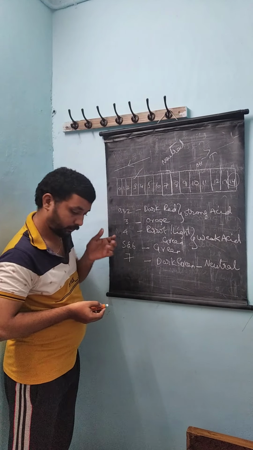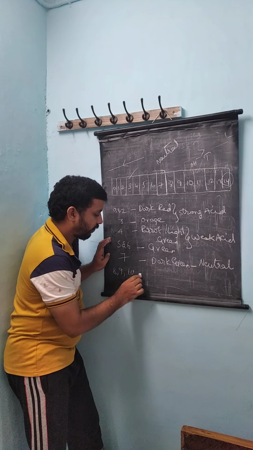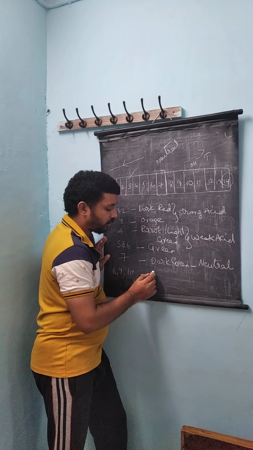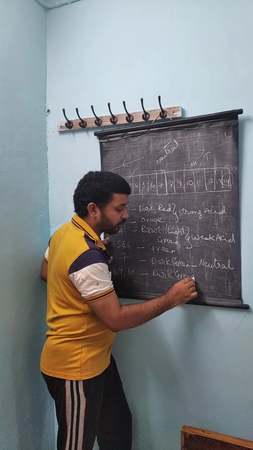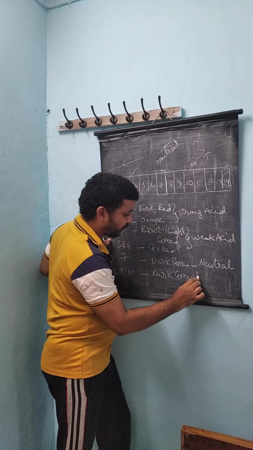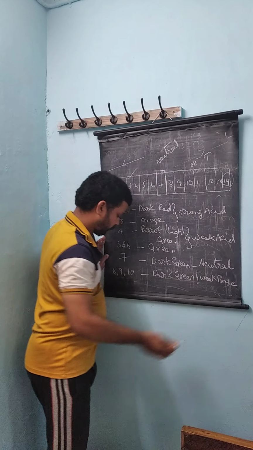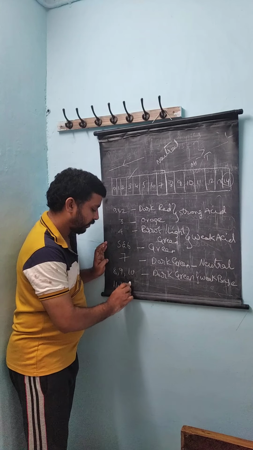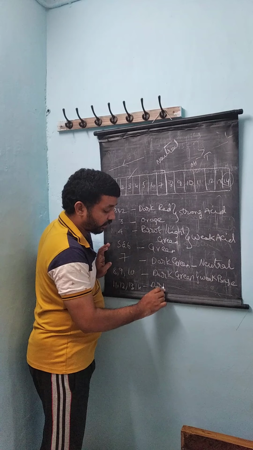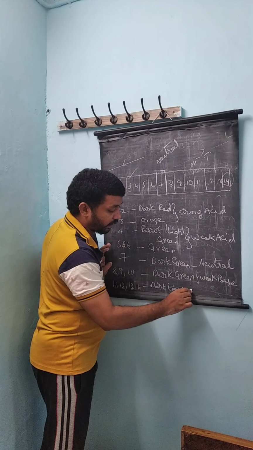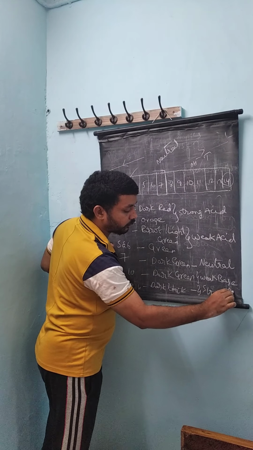Next, for pH values of 8, 9, 10, it also indicates dark green, and it is a weak base. 11, 12, 13, 14 are dark black in color and they are strong bases.